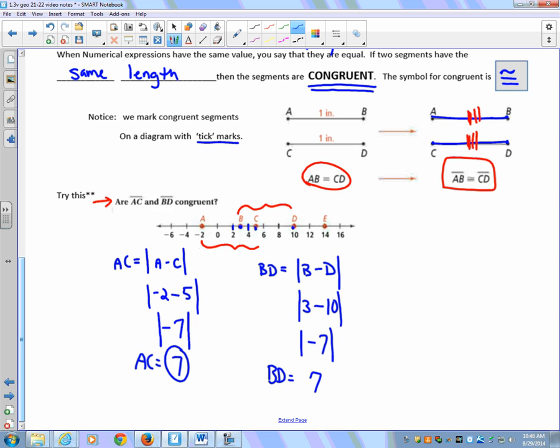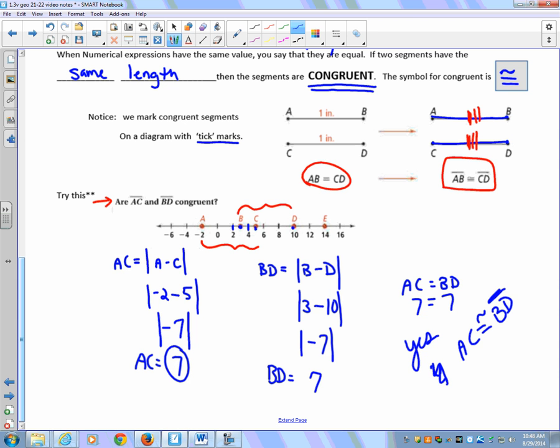So if we know that AC is 7 and BD is 7, that means AC equals BD, because they're both 7. So therefore, yes, these two segments are congruent. AC is congruent to BD.